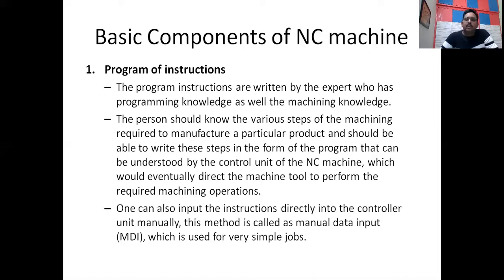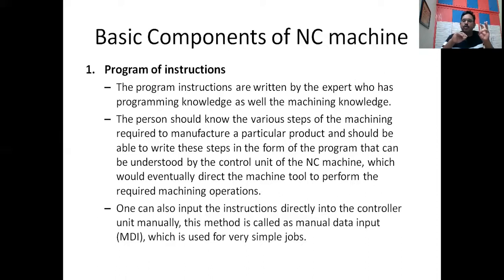So one can also input the instructions directly into the control unit manually. As developments are going on, earlier we used to have punch tapes, but afterwards we can directly input manual data through the MDI, that is, manual data input, on the control unit. So we have said 3 important things.